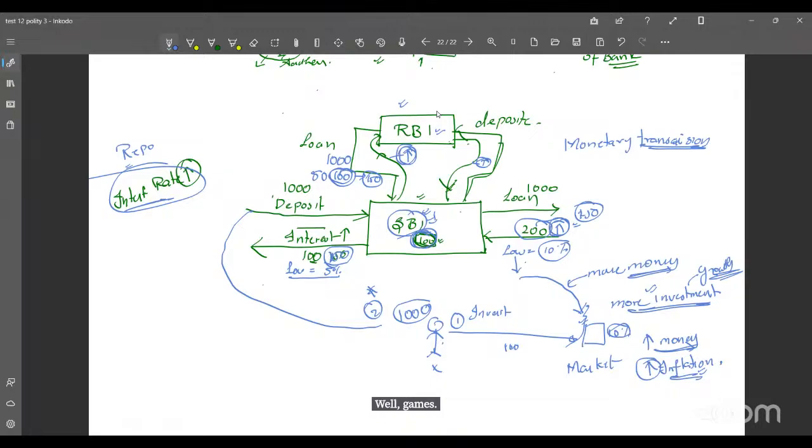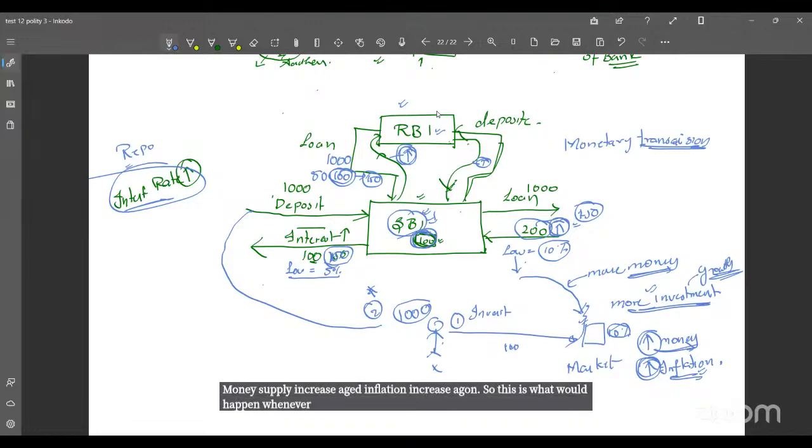So if money supply increases, inflation will increase. So this is what would happen whenever the interest rate is low.